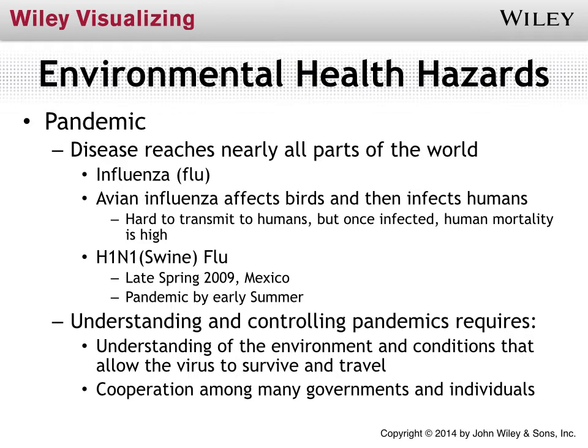Again, because we're talking about worldwide spread here, it does no good if just the people in the United States think about this. It has to be a worldwide cooperation among governments and individuals worldwide to address these pandemics when they come out, and then work together to come up with a plan on how to control the pandemic.